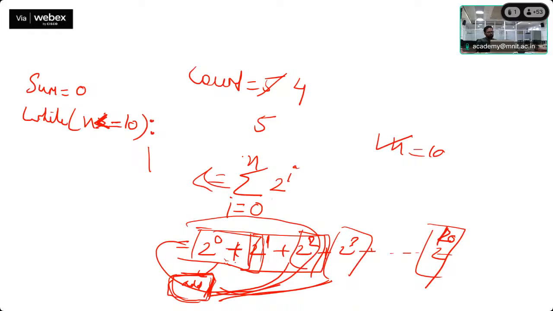What do we want to do? We want to add into sum. What do we want to add? We want to add to the power I. Or here you can write n, and that you can also initialize, let's say n is equal to 0, and you can increase n by 1.